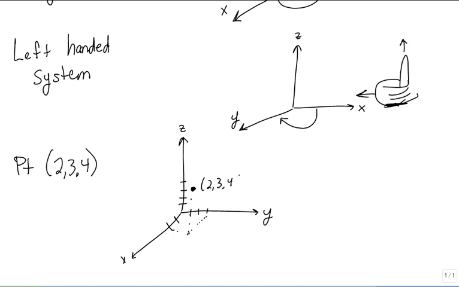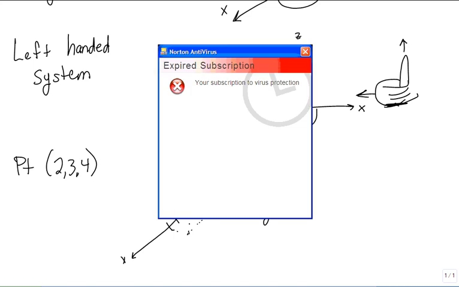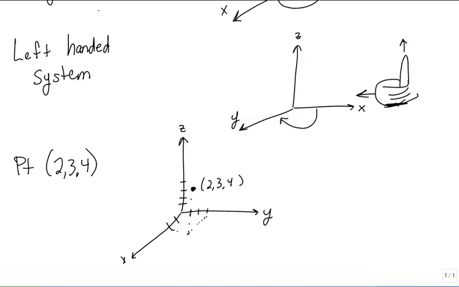I know that's kind of hard to see, but we're going out 2 on the x, out 3 on the y, and up 4. Now if we draw a little box here, it's going to come out and be that point right there. Okay.